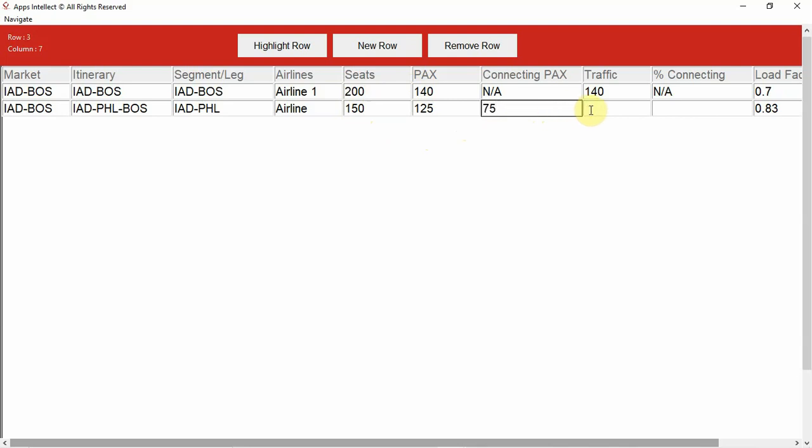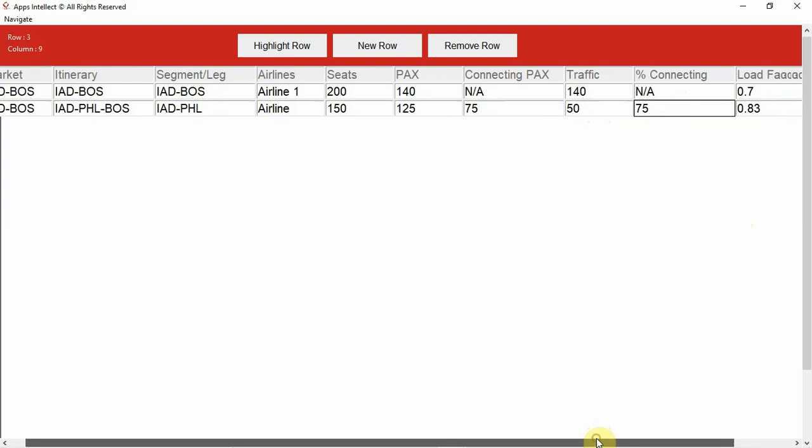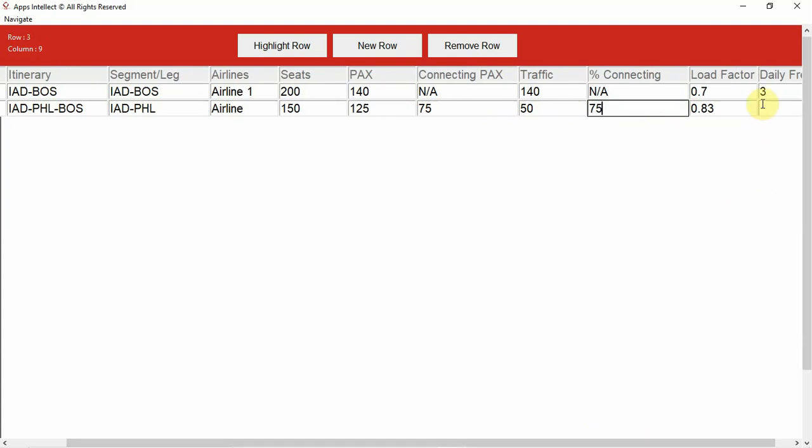That would be from Philadelphia to Boston, and the traffic on this particular route is 50%, connecting passengers 75. The load factor is 0.83, which is calculated based on the available seats and the passengers boarding. And let's assume 5 flights per day as the daily frequency for this route.